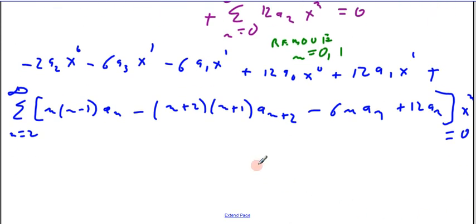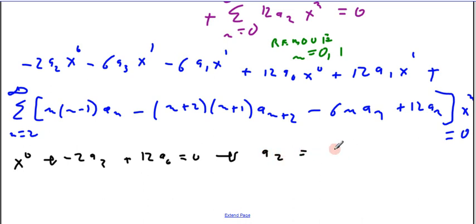Okay, I look at the x0 term, and I see minus 2a2, and I see 12a0. Now that has to equal 0, so that implies that a2 had better be 6a0.